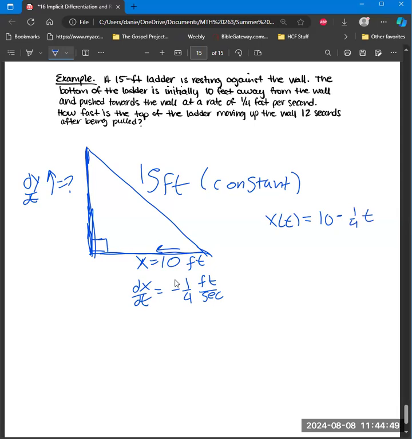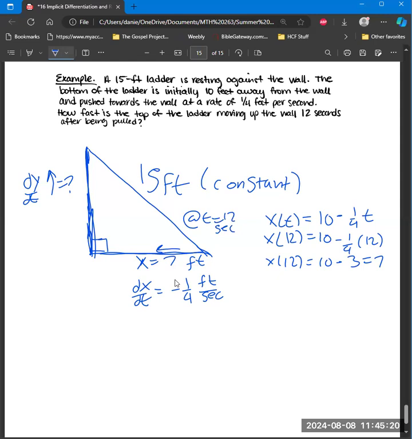And that'll give me my new position after 12 seconds: 10 minus 1/4 times 12. X at 12 seconds is 10 minus 3, which is 7. So I'm really interested in at t equals 12 seconds, X is going to be 7 feet.